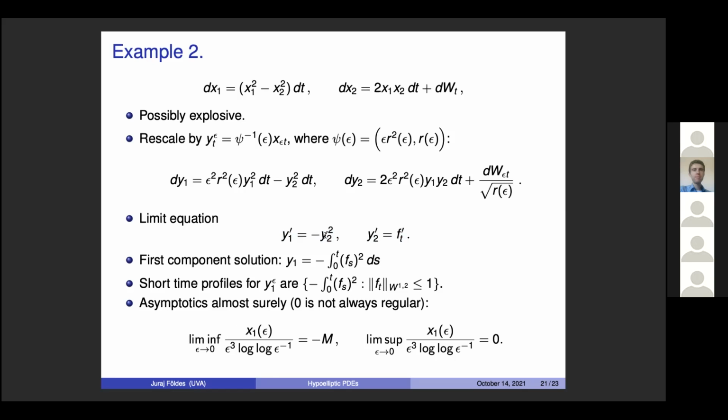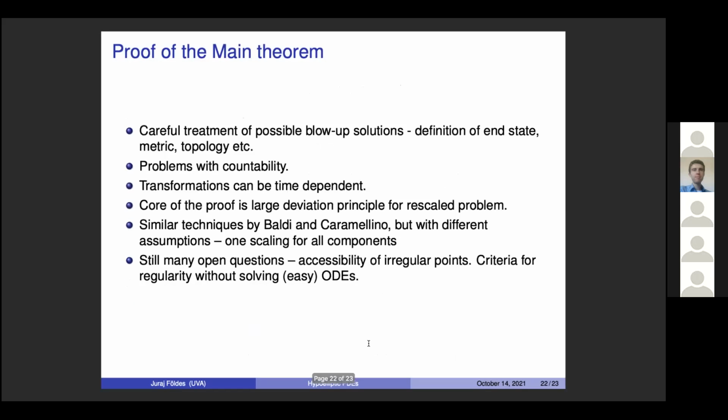So our process, if I rescale it back, say the first component with the scaling epsilon r square epsilon, in the limit is going to have the lim inf minus m, and lim sup is going to be 0. So that really means that it's not going to exit certain domains where you need to move in the direction of x1. So you can actually say which domains this guy is going to exit, and which it is not going to exit.